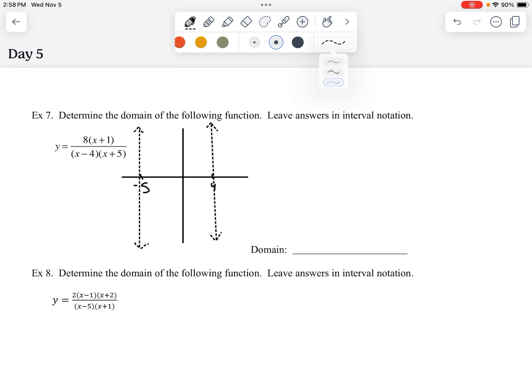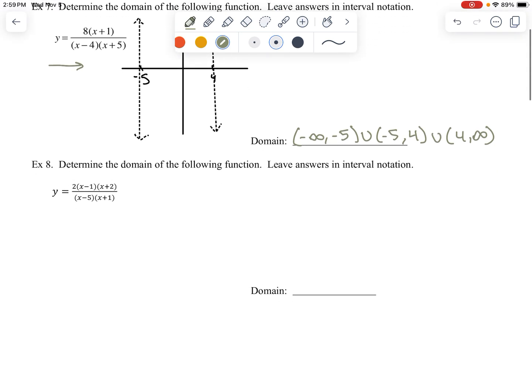So the domain going left to right, so coming from this way, it would be -infinity to the first vertical asymptote, and then that vertical asymptote to the next one. And then 4 to infinity would be the domain there.